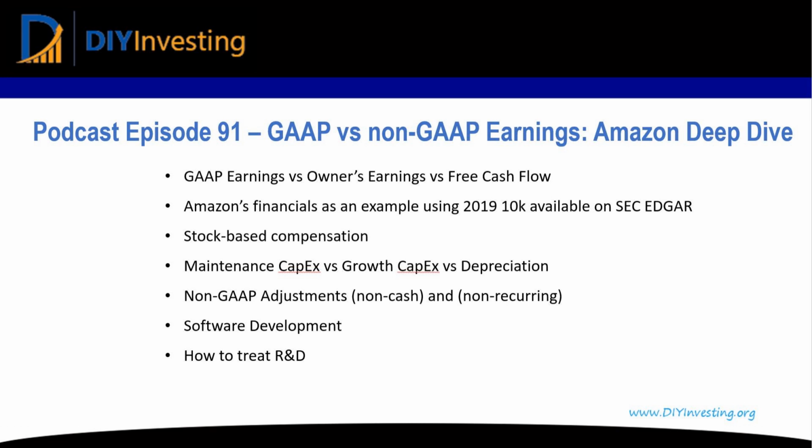Amazon claims they spent $6.8 billion on stock-based compensation in 2019. Now let's dig into that. In January 2019, Amazon reports that they had 491.2 million shares outstanding. 1 year later, in January 2020, they had 497.8 million.